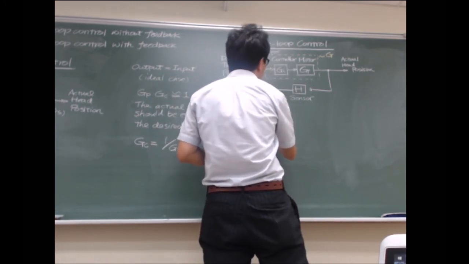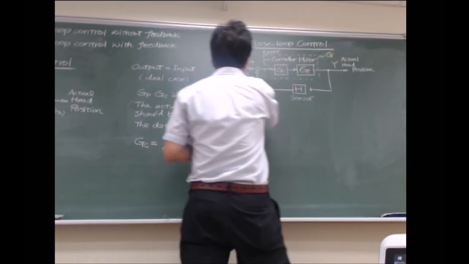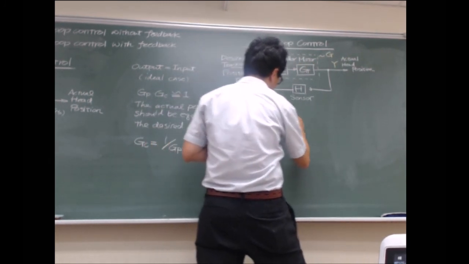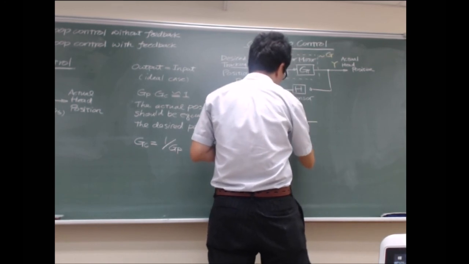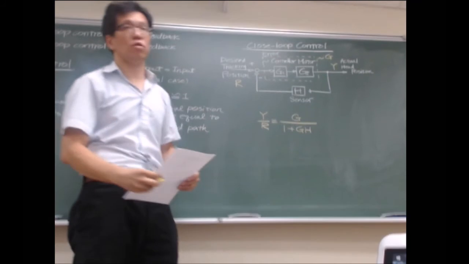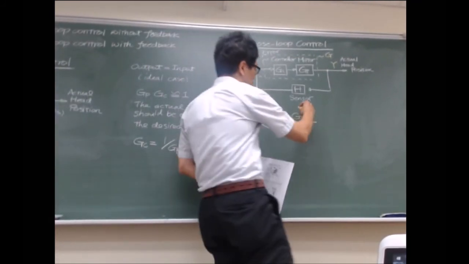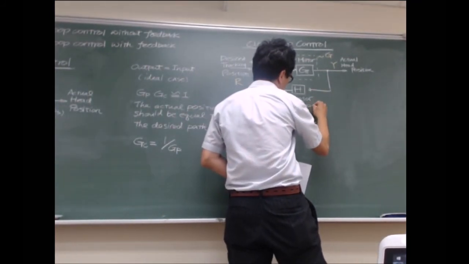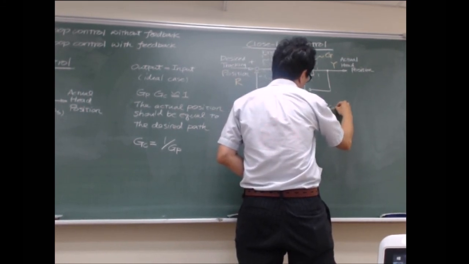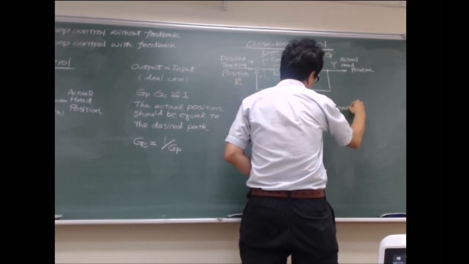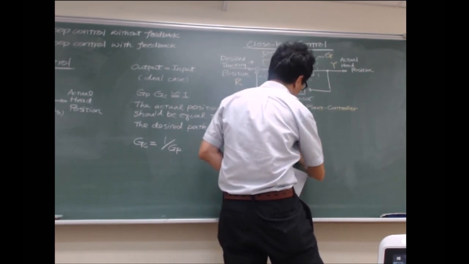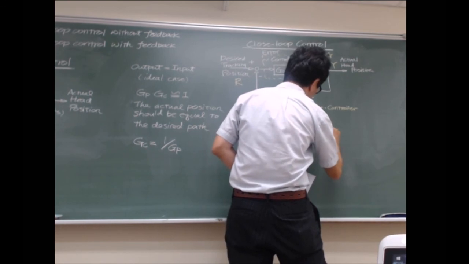So my output Y and my input R is going to be G over 1 plus GH. This one over here is blank, multiplied by the controller, and this one is the sensor.